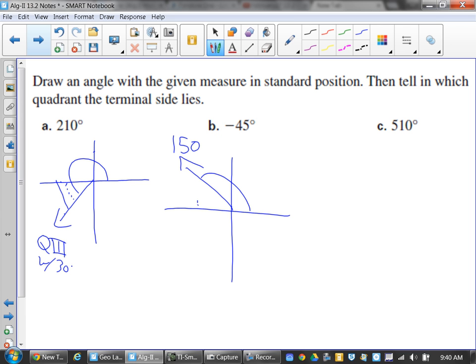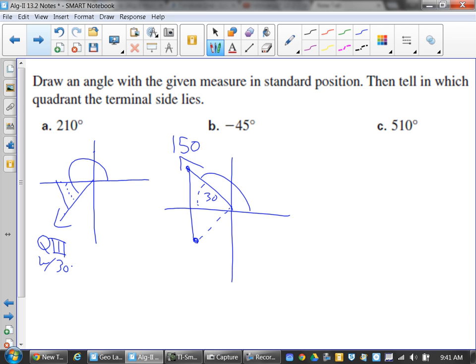No matter what it is, it's how far you're bouncing off of the x-axis, whether you're above it or below it. It's still that same reference angle. Because these two wind up being in the same vertical position, therefore their cosines are the same when they have the same reference angle.